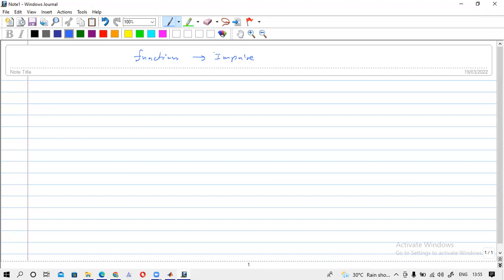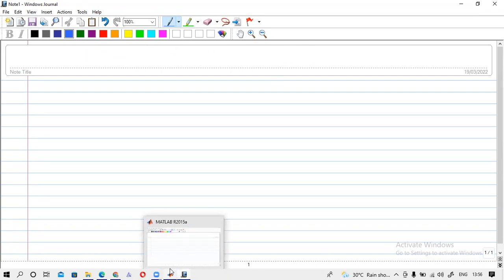There are some functions related to the unit impulse function and unit step function in Matlab. If you want to run them, you have to download them to your Matlab software. In your version they may not come by default, so sometimes when you try to run that function, it may not work. That is the first thing I want to tell you.